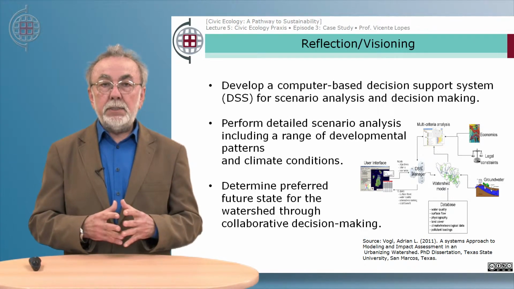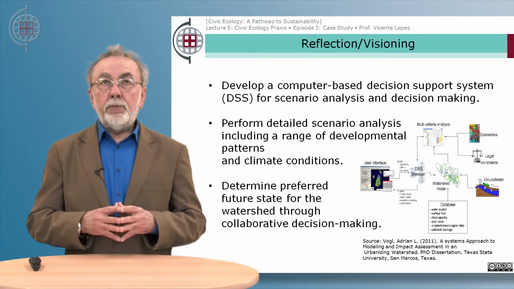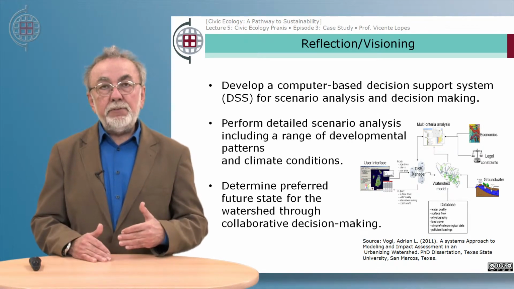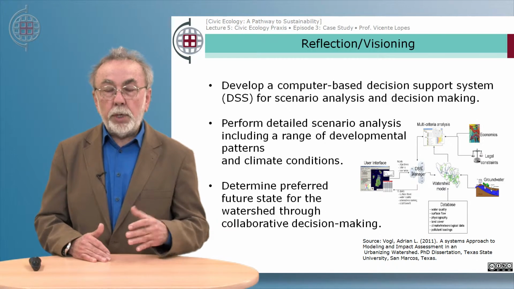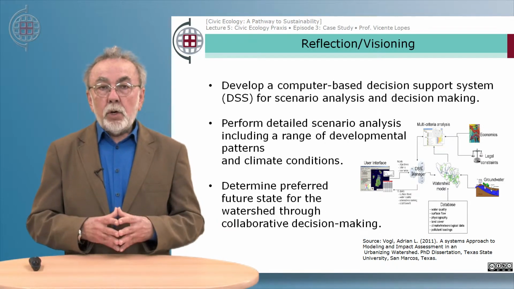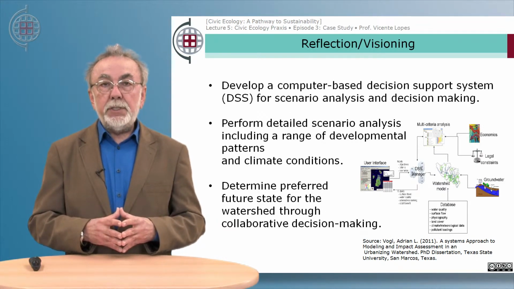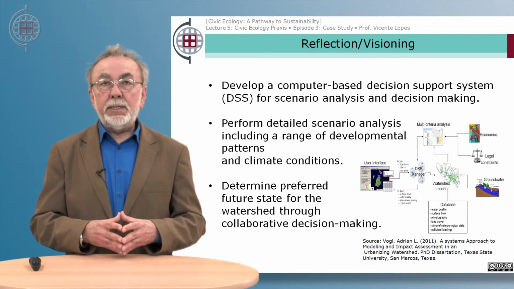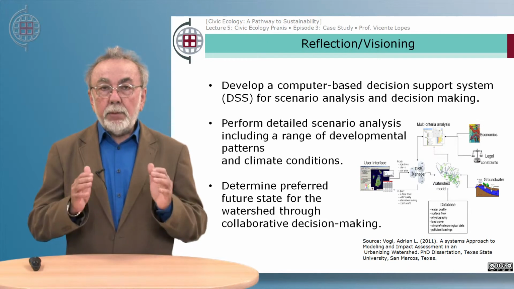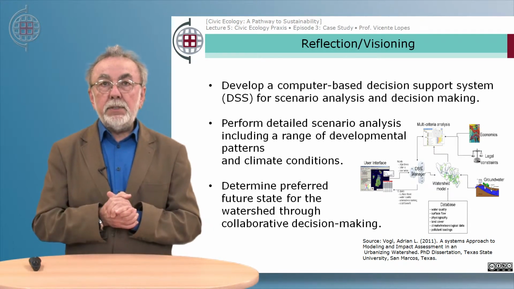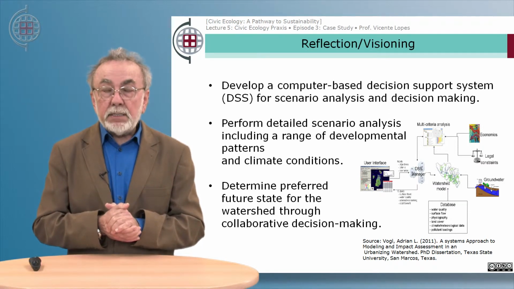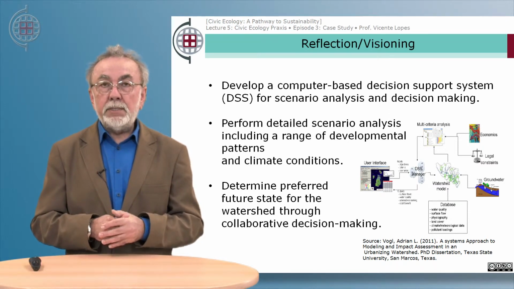This is a very important tool for creating a common vision upon which the stakeholders can work. The goal of this decision support system, which uses what we call mediated or participatory modeling, which again, I want to remind you here that civic ecology practice is not a technocratic process, it's a participatory process.